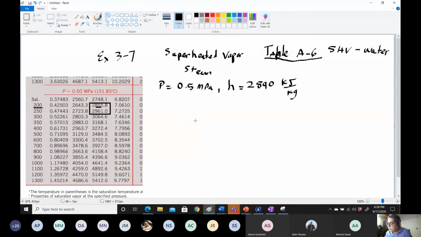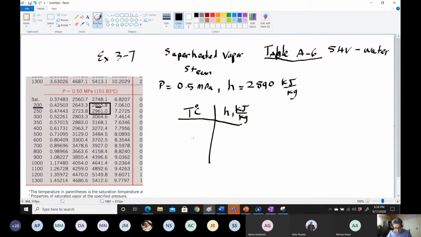And to do an interpolation, you basically write temperature in degrees C, and then over here you put H in kilojoules per kilogram.